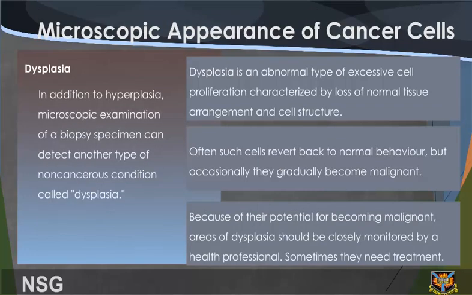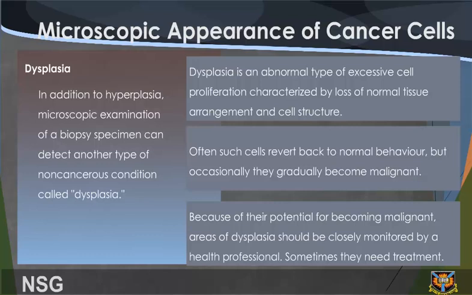Dysplasia. In addition to hyperplasia, microscopic examination of a biopsy specimen can detect another type of non-cancerous condition called dysplasia. Dysplasia is an abnormal type of excessive cell proliferation, characterized by loss of normal tissue arrangement and cell structure.